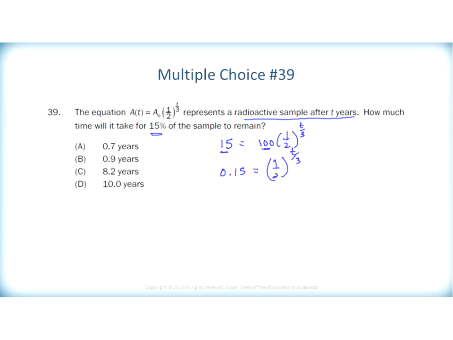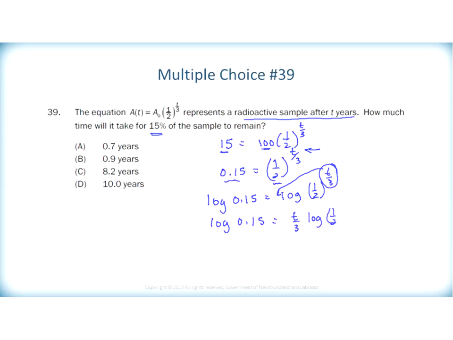Now when we're solving for the exponent, we could write both numbers as a base of each other if that works. Or you could take the common log of both sides, which will always work. And now we use the power law and bring the t over 3 down in front. That will give us log of 0.15 equals t over 3 times log of 1/2.